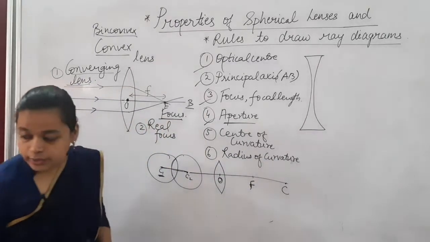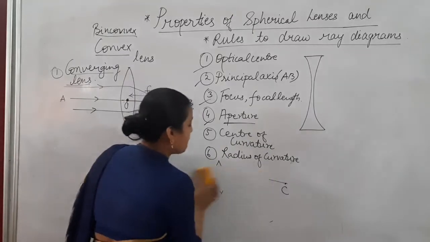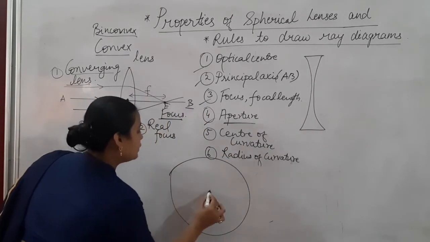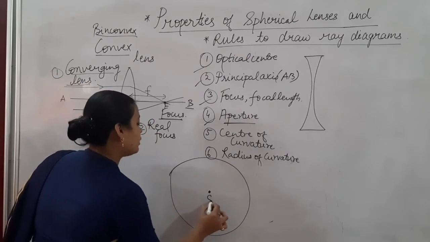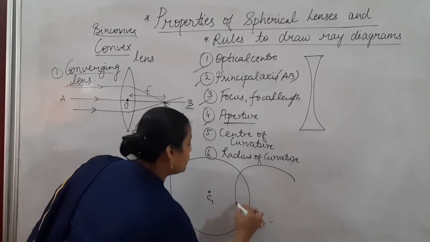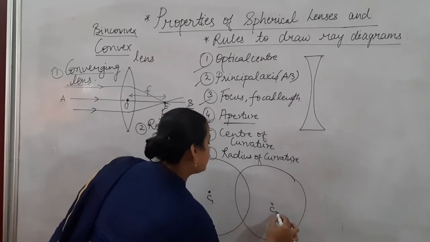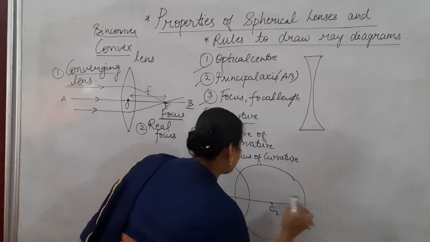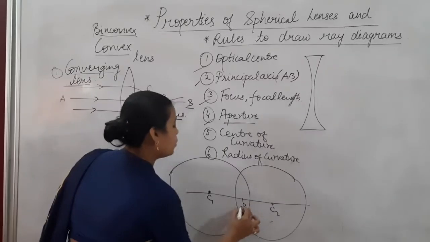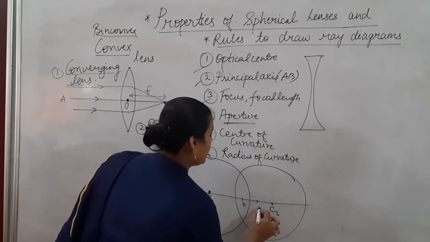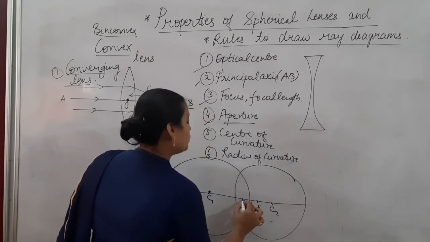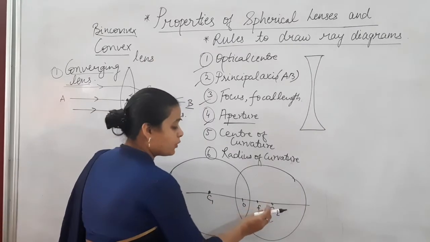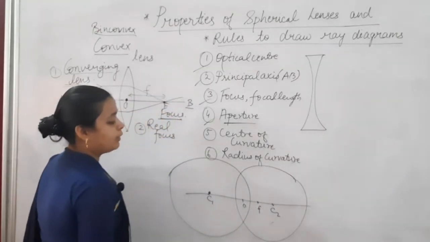If we try to draw it, how will you draw? Just try to understand it with a big sphere. This is going to be the center of this sphere, and if we draw another sphere, it is said to be center 2. And if we consider this as the principal axis, then O. Since focus will be here, the focus is actually the midpoint between the center of curvature and the optical center.